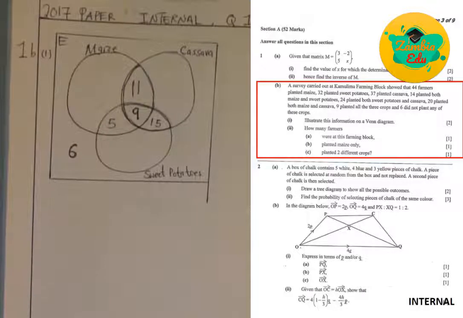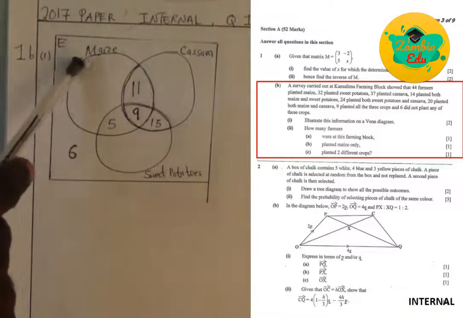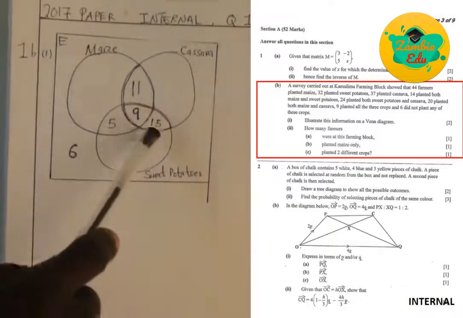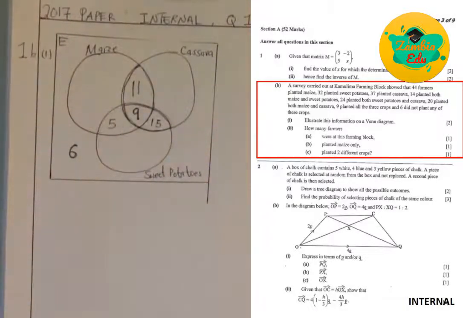So now we are going to try to harmonize to find the total of people who planted maize, the cassava, and the sweet potato.